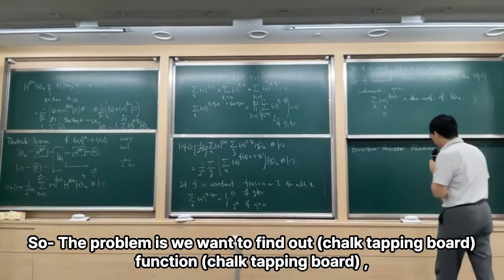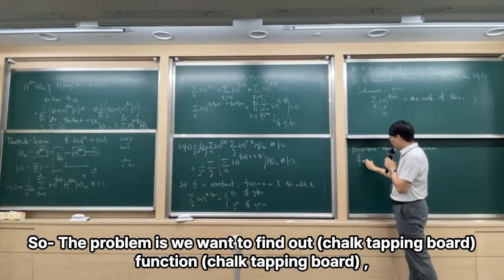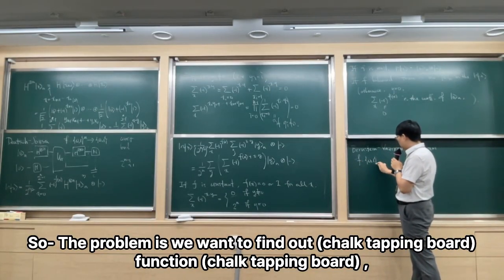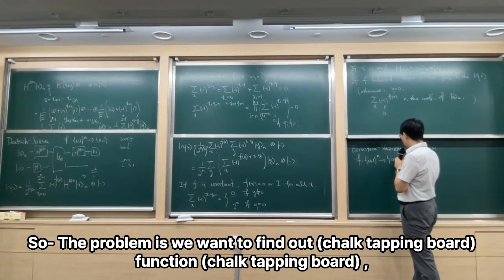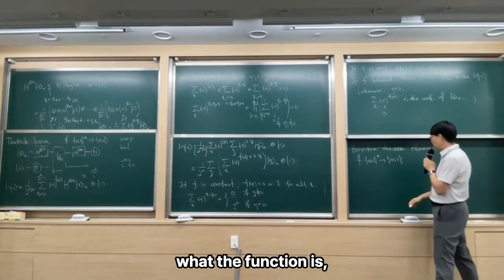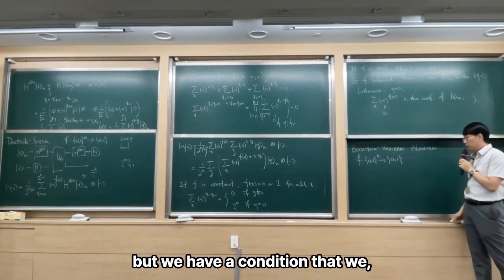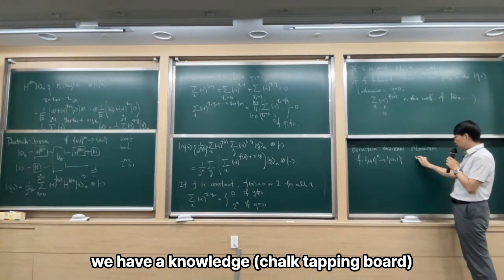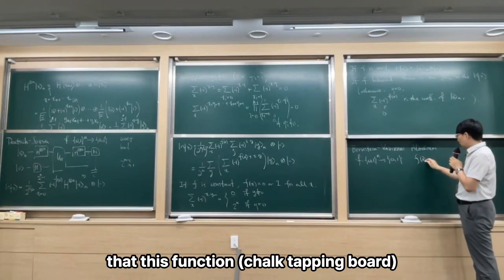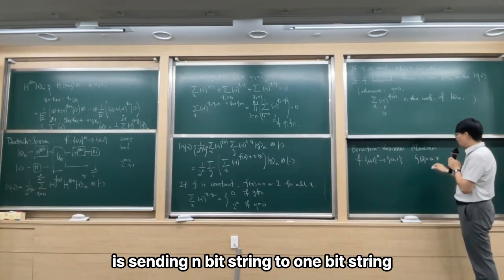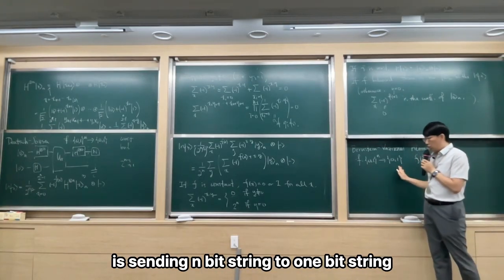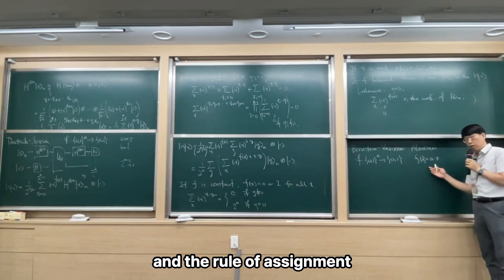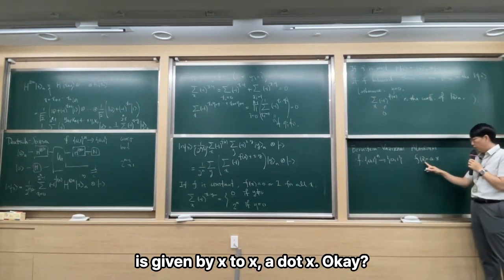The problem is we want to find out what the function is, but we have the knowledge that this function sends an n-bit string to a 1-bit string, and the rule of assignment is given by x to a dot x.